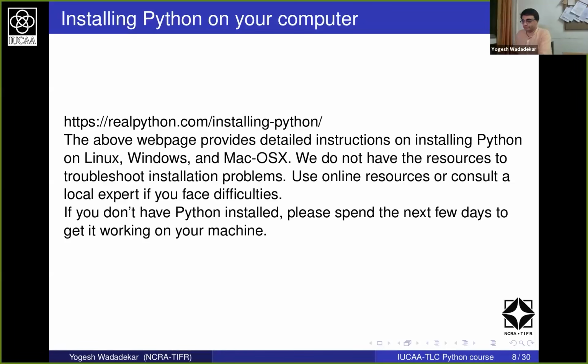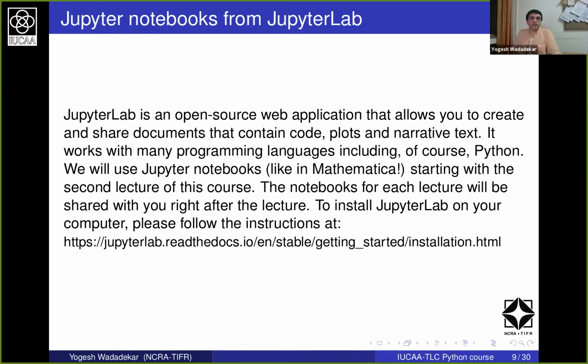There is one other piece of software that we will need in our work, and that is Jupyter notebooks. There is a project known as Project Jupyter, which is run by a group of people. And what is Jupyter?